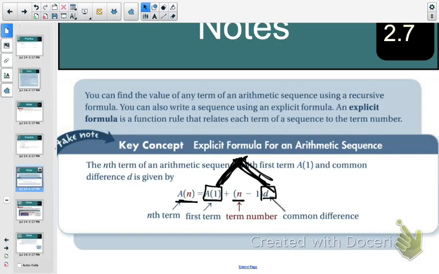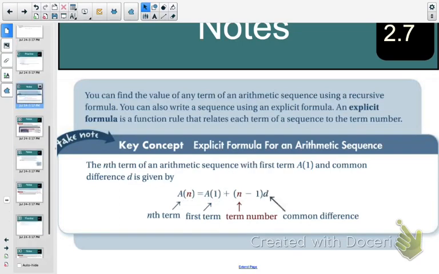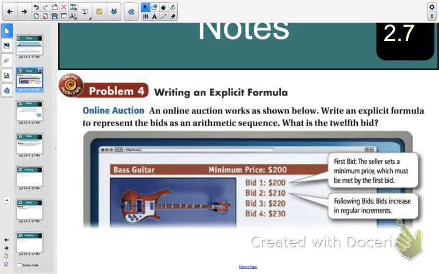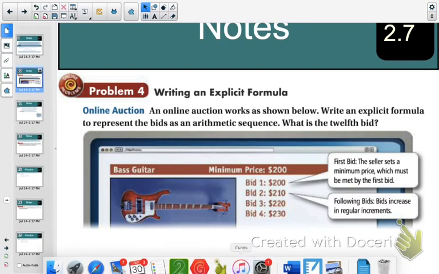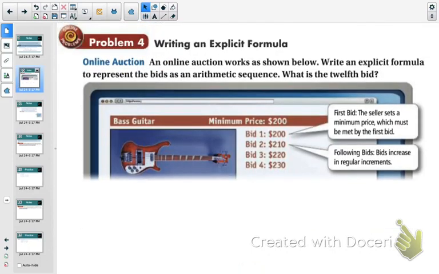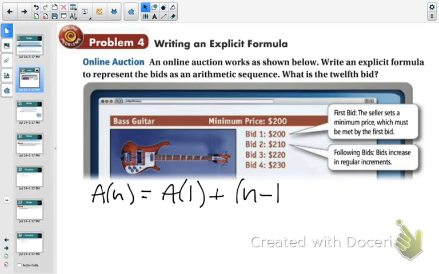Okay, so if we look at this example down here. An online auction works as shown below. So bid 1 is 200, bid 2 is 210, 220, 230, etc. So notice we're adding 10 every time. What is the 12th bid? So first we can write an explicit formula, which again looks like this: a_n equals our first term, a_1, plus n minus 1 times our common difference.